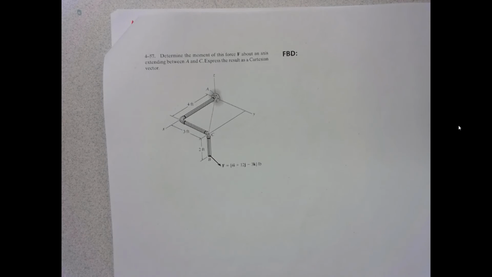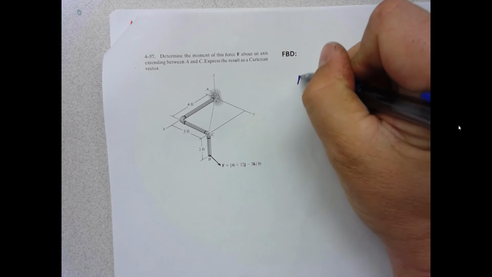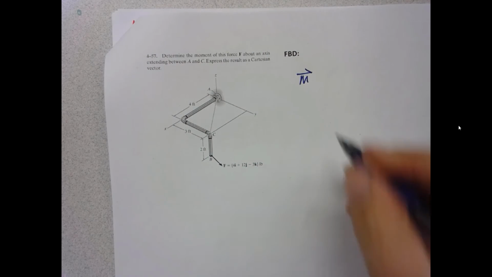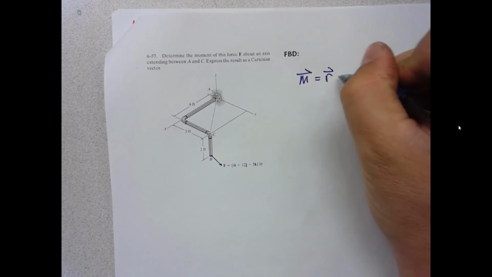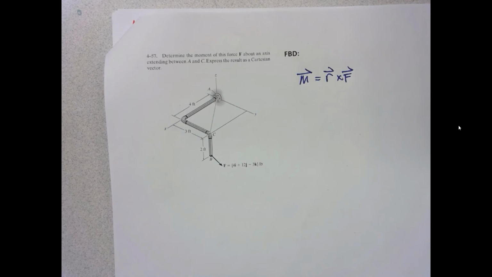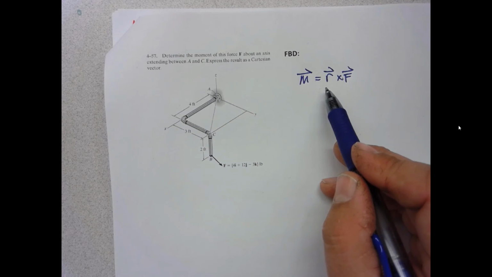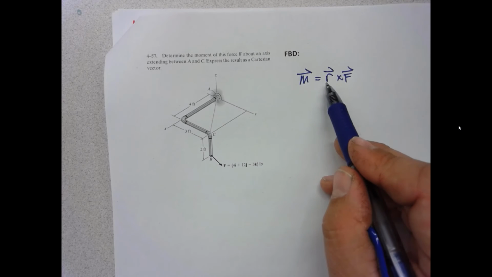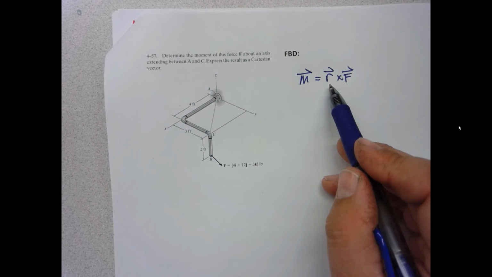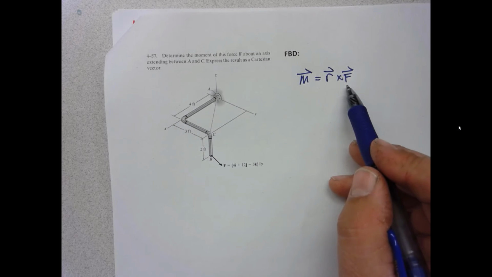R. Okay, so you guys are tired. The moment is always going to be R cross F, right? What R is this? It's the position vector from the point we're interested in to where the force acts.